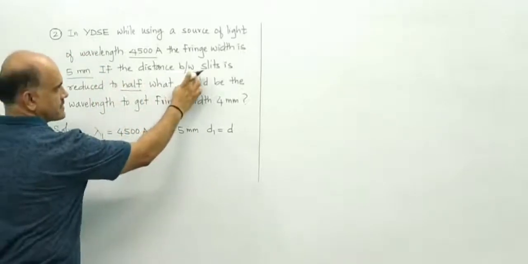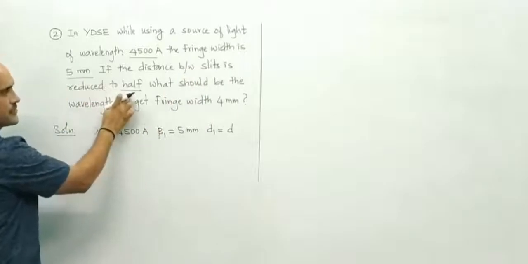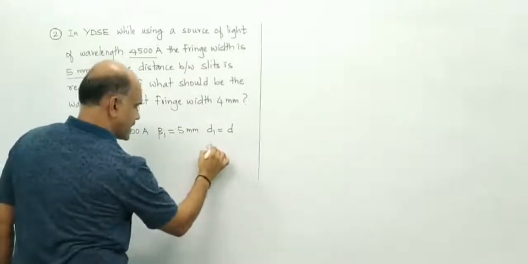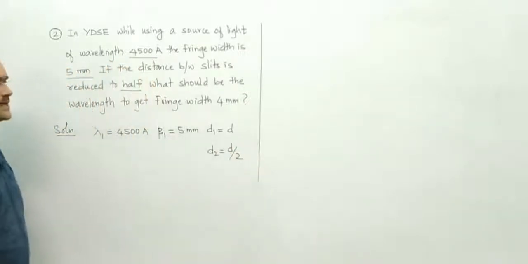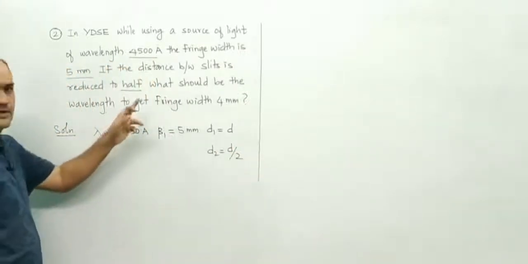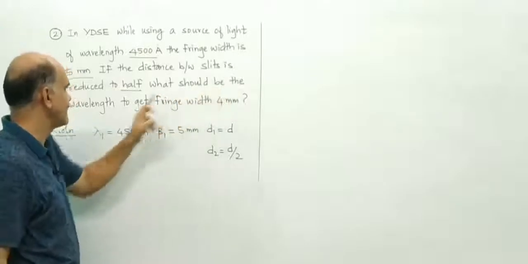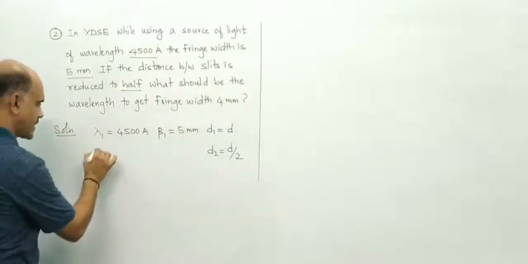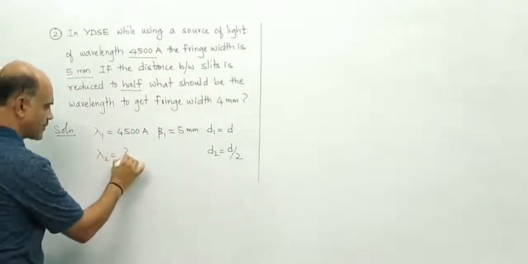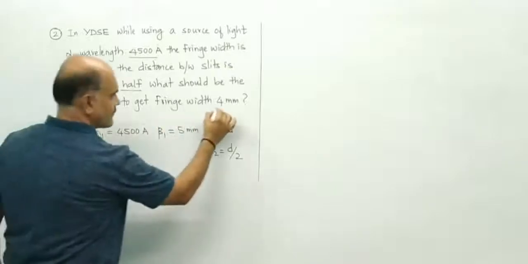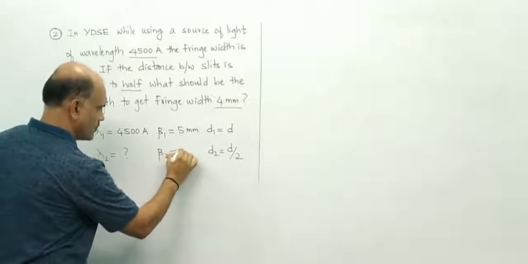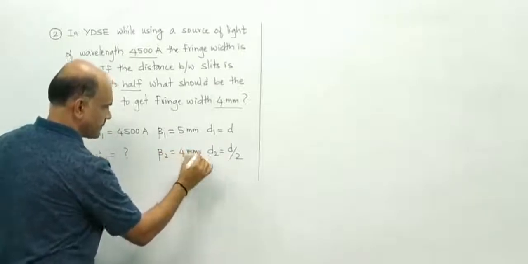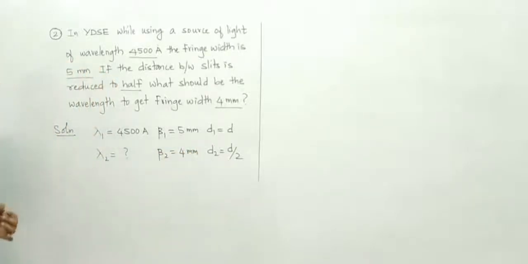If the distance between slits is reduced to half, in the second case d2 will be equal to d by 2. You are required to find lambda 2 to get a fringe width of 4 mm, so beta 2 is equal to 4 mm.